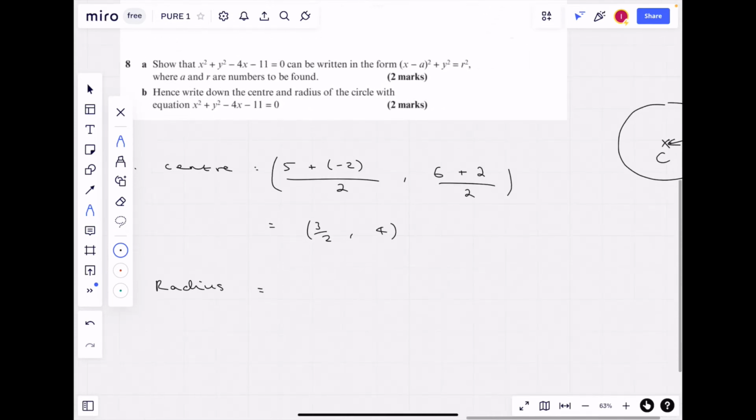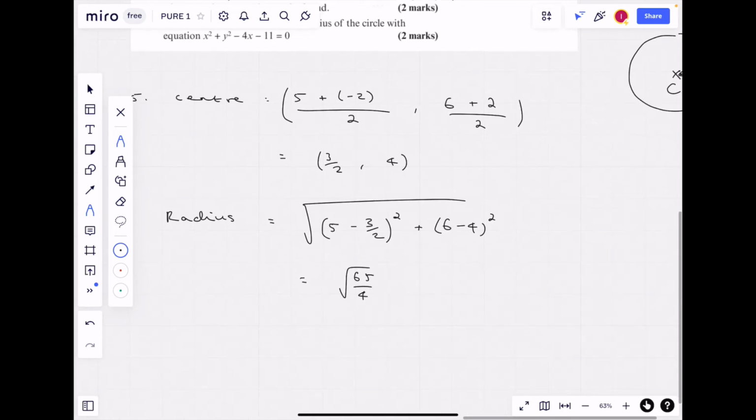So you're going to do the square root of 5 minus 3 over 2 all squared plus 6 minus 4 all squared. And this gives you root 65 over 4.